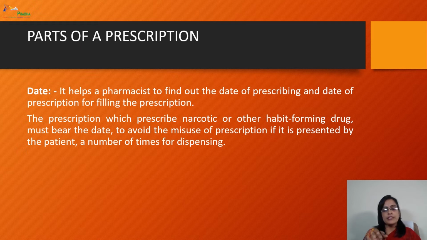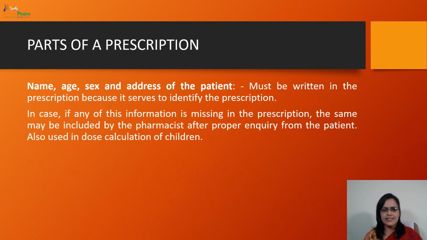If it is dated, the pharmacist will come to know that the prescription was written on that particular date. Prescriptions for narcotic or other habit-forming drugs especially must bear the date, to avoid misuse if the prescription is presented by the patient a number of times for dispensing.